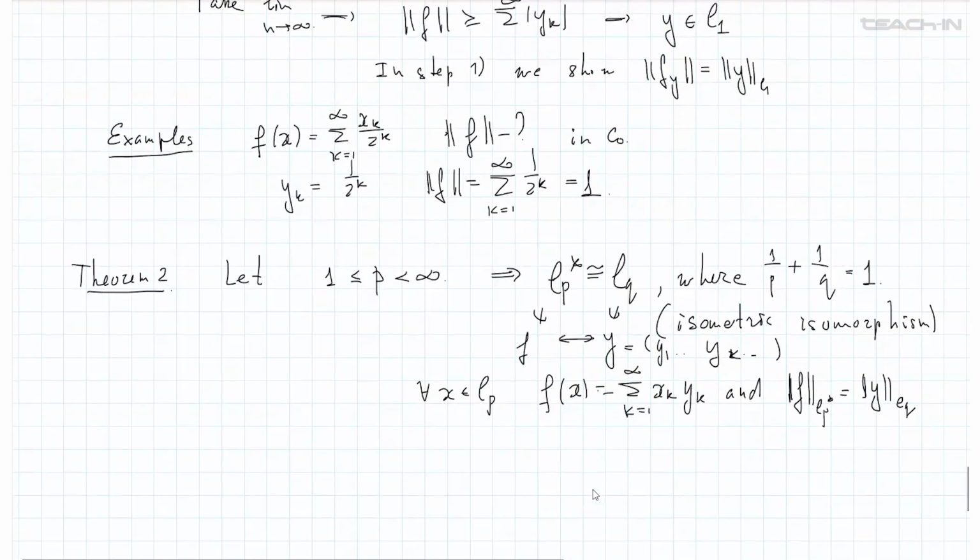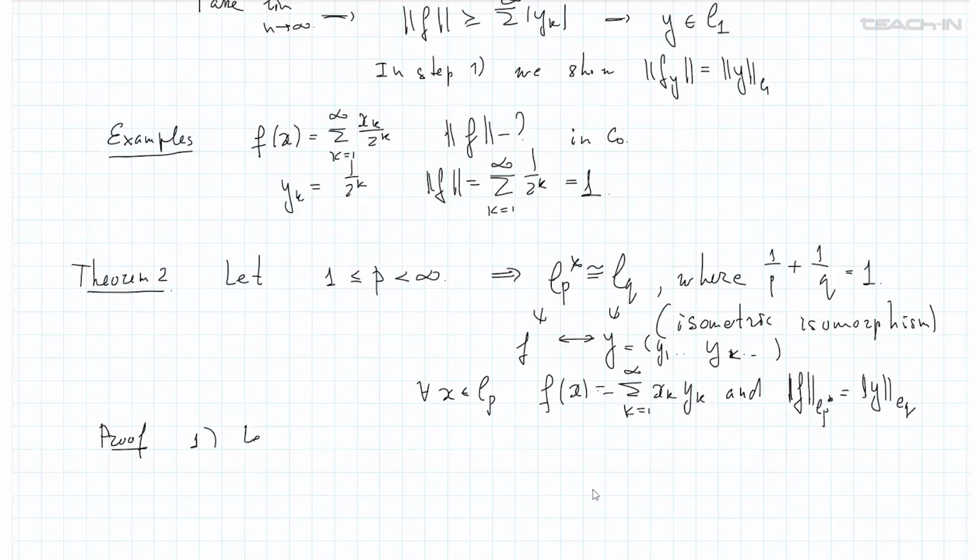Okay, the proof is the following. First, again, the scheme is the same as in theorem 1. Only the norm, we can consider other norms.